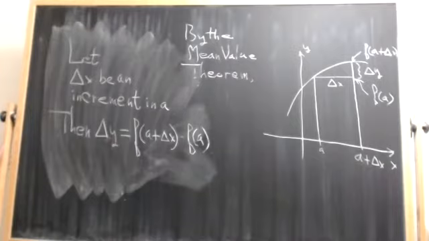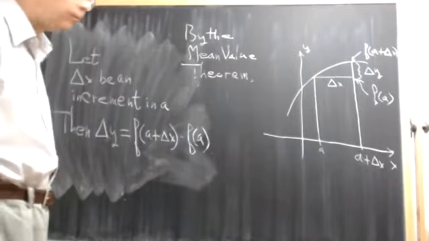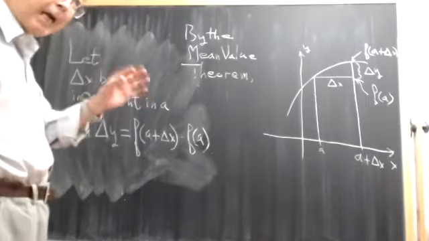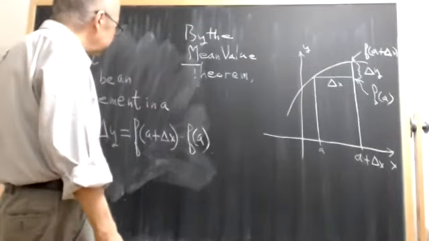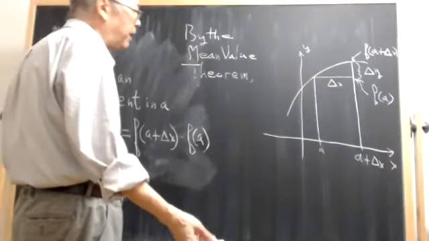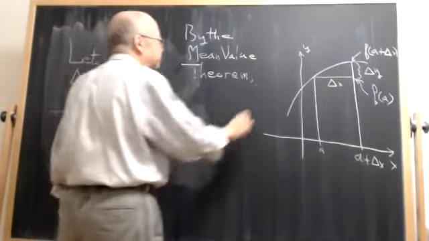Then by the mean value theorem, we can find a point C, maybe I call that U, it doesn't matter.